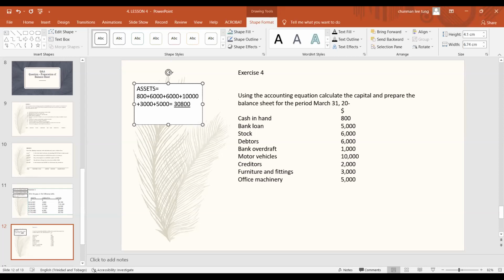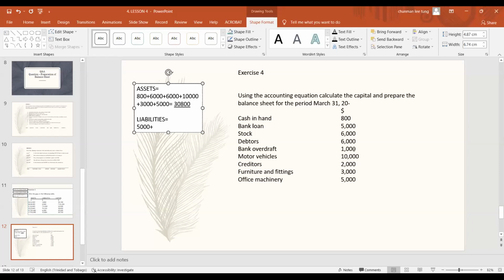Okay, moving on, your liabilities. Your liabilities, all right, is $5,000, which is your bank loan, plus your bank overdraft. I'm going to say it, and please listen to what I'm saying.